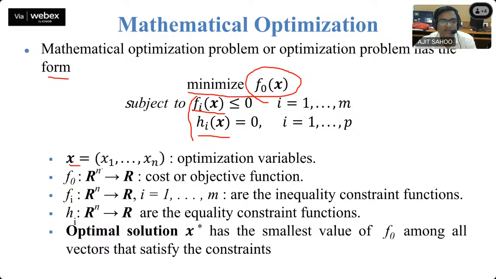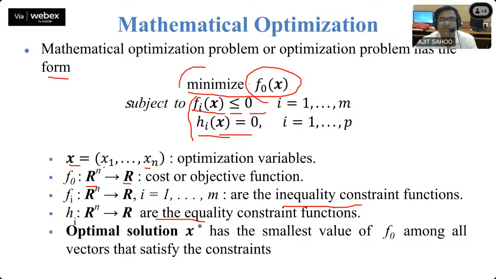This x has multiple variables, so these are called optimization variables, and f0 is called the cost or objective function, which is from Rn to R. The fi, from Rn to R, are inequality constraints, and the hi are called equality constraints.